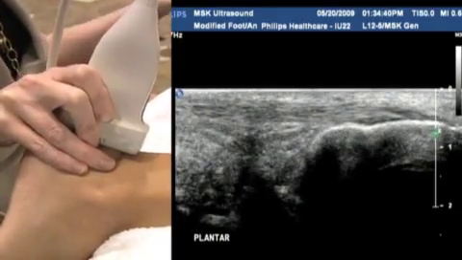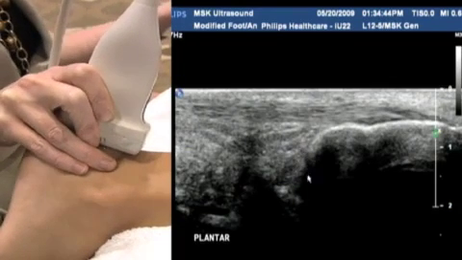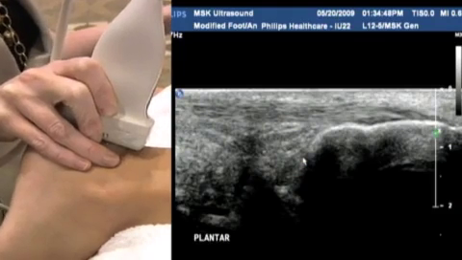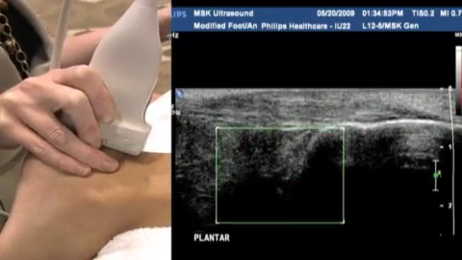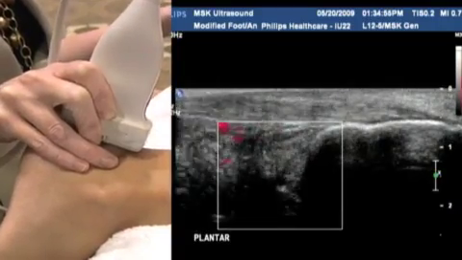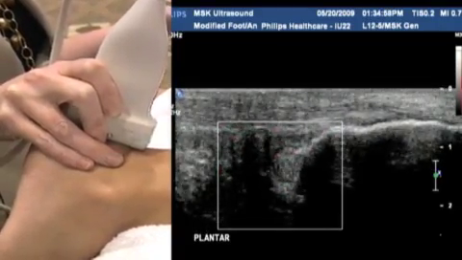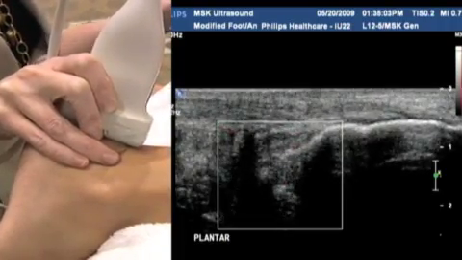You can see here, deep to the Achilles tendon, there's a small fat pad, and this is an area where fluid can collect in the retrocalcaneal bursa. Sometimes if that becomes fluid filled, it can become inflamed, and it will light up on power Doppler if that's the case. So always make sure that you put power Doppler on that bursa back there.